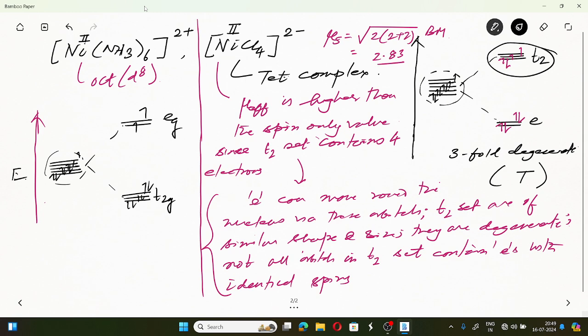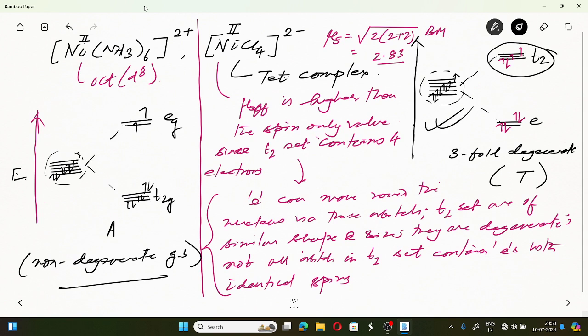Now see, here the ground state term is capital A, because it has a non-degenerate ground state. And if you want to write down the terms for this tetrahedral complex, see, the total spin is 1, since there are two unpaired electrons, so the spin multiplicity is 3.